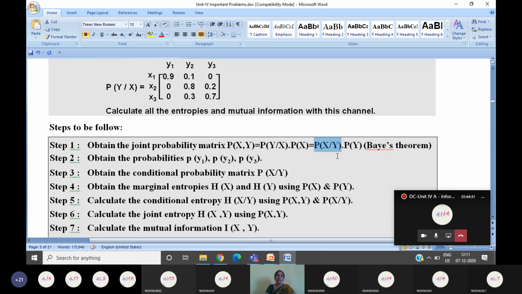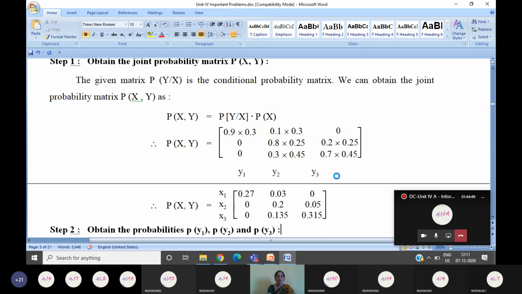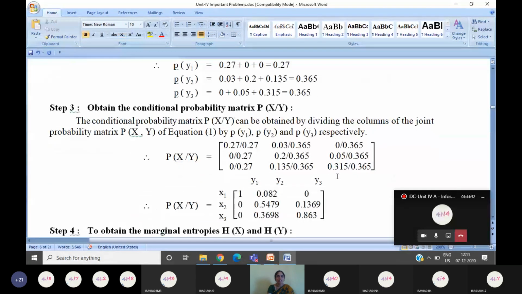So whether you multiply or divide, P of y should be applicable to column elements only. For the complete column, you consider the first element. So using Bayes theorem, you can calculate P of x by y as P of xy divided by P of y. Okay. Now, what is the third step?